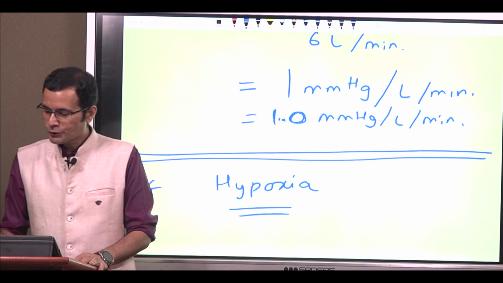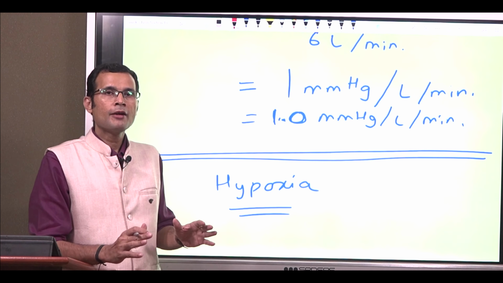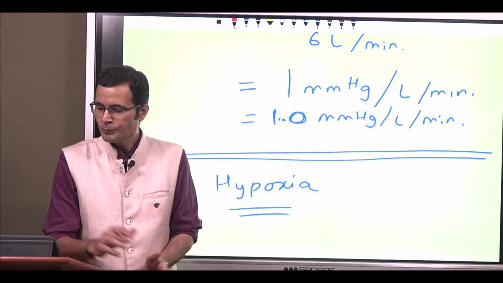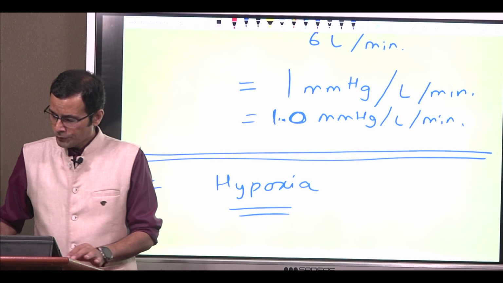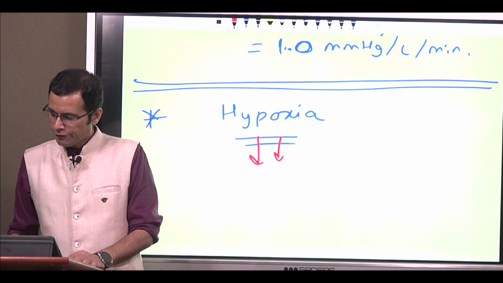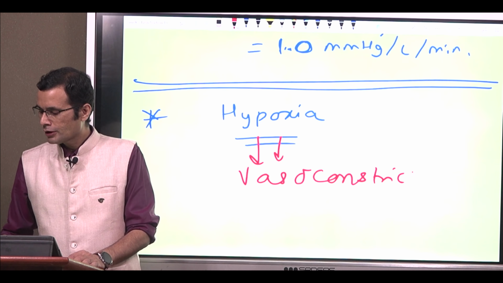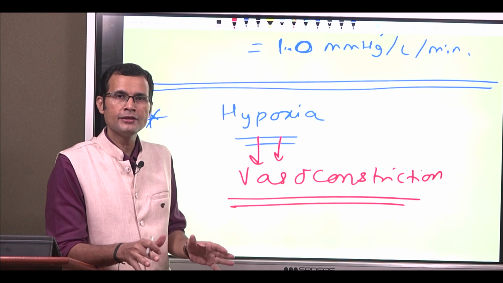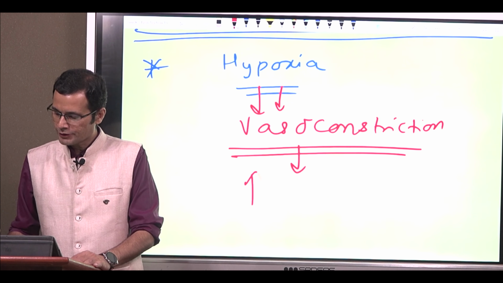Now it's very obvious to understand if we have already seen that first video where I have discussed that the hypoxia leads to vasoconstriction in the lungs. So any disease that causes hypoxia will cause vasoconstriction in the pulmonary vascular bed, and this is going to increase the pulmonary vascular resistance.